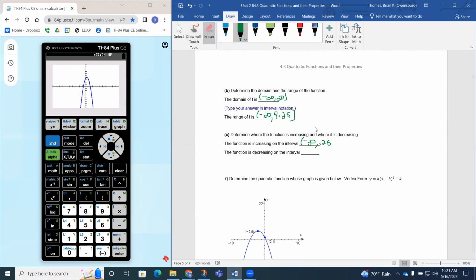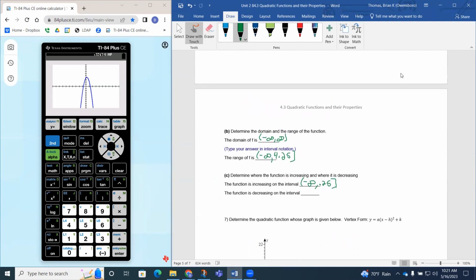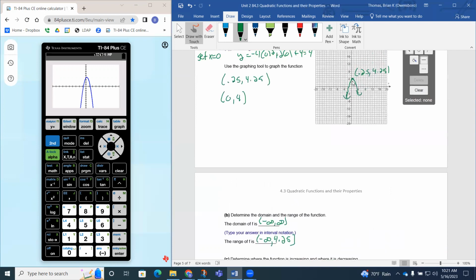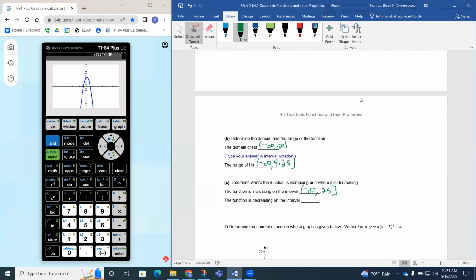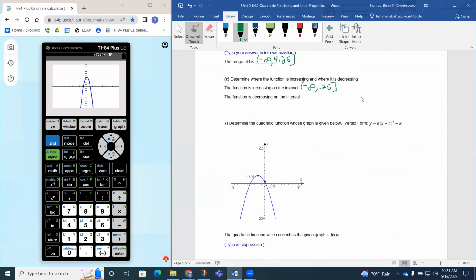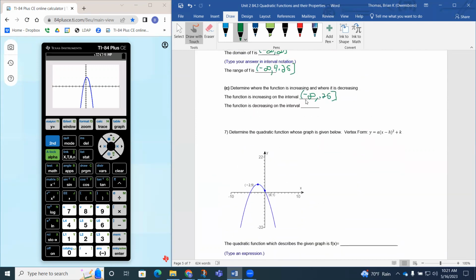I don't think it really matters there on the endpoint. And then for decreasing, again, you go from left to right. So at 0.25 to infinity, the graph is decreasing. They usually include the endpoint.